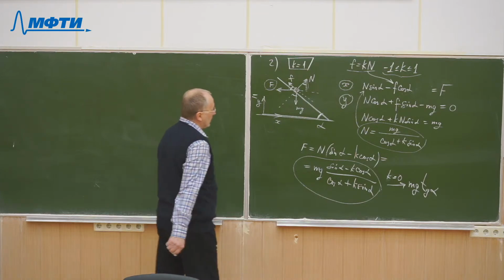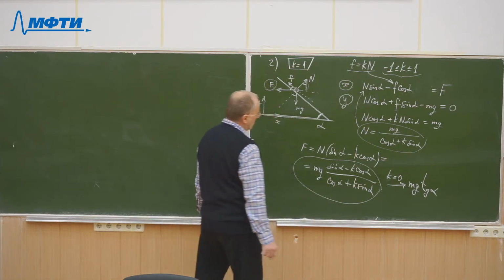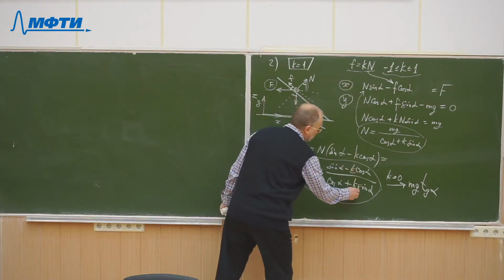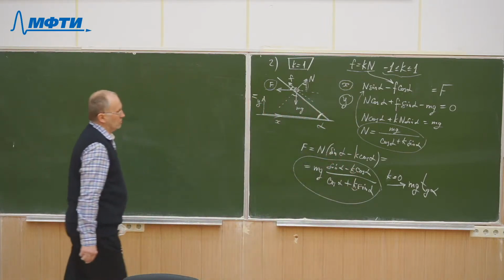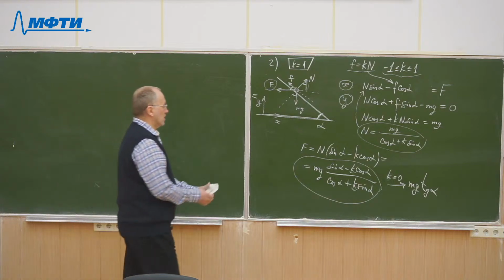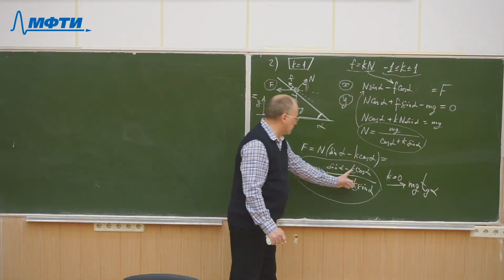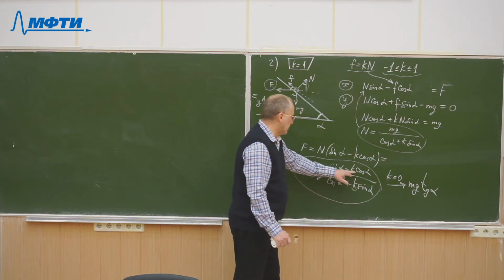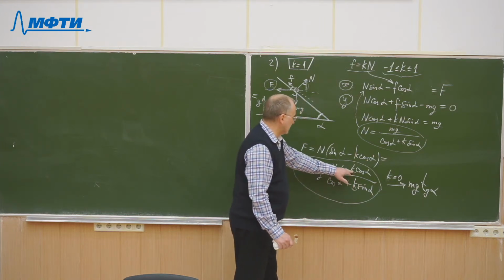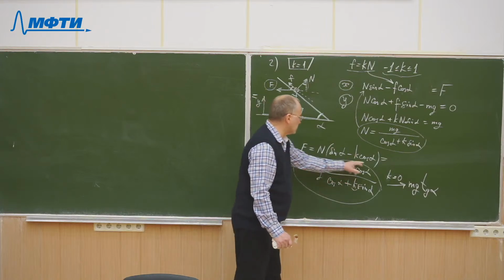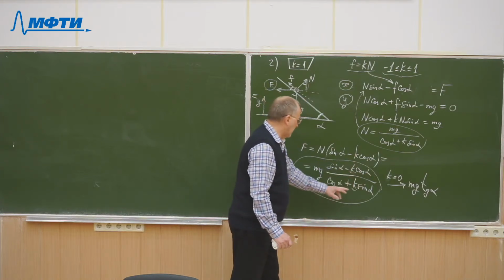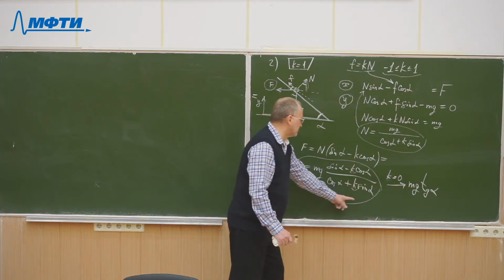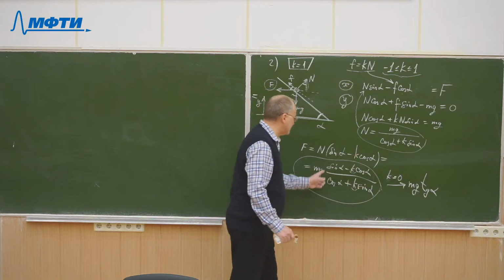So analysis of this formula shows that it seems to be correct. We made no mistake. And also, if there is a non-zero coefficient of friction, what we notice from this formula is that if k is increasing, then the numerator of this formula is decreasing, and the denominator is increasing. So the expression is decreasing.